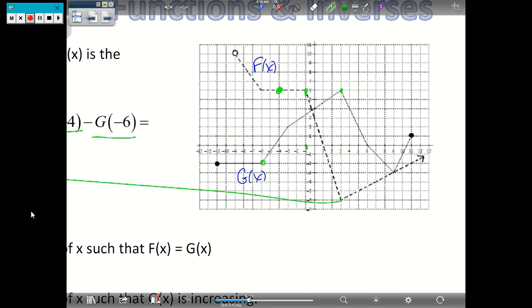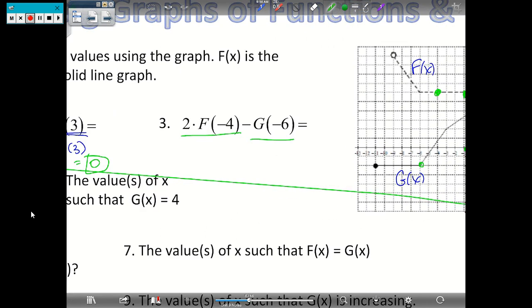So we'll have 2 times 6 minus the g value at -6, which was a -2. We do our arithmetic and we get 12 plus 2, or 14. Those are pretty straightforward. The most common mistake I have seen is just using the wrong function, so pay attention to which function it's asking you to use.